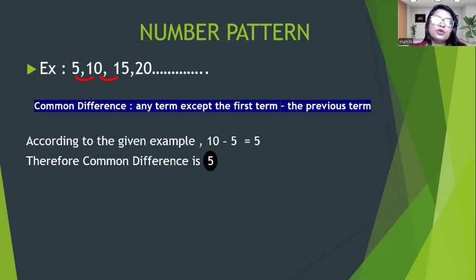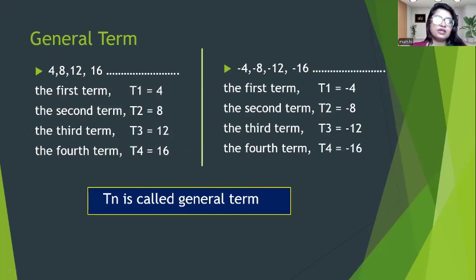You can subtract 5 from 10 to get the common difference. So according to the given example, the common difference is 5. Moving on to the next slide.